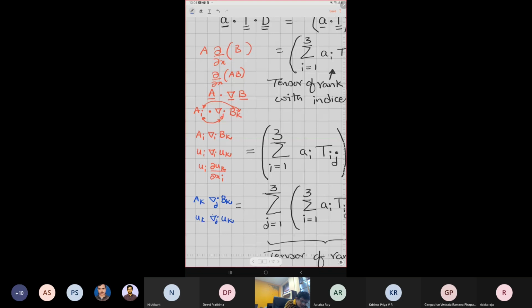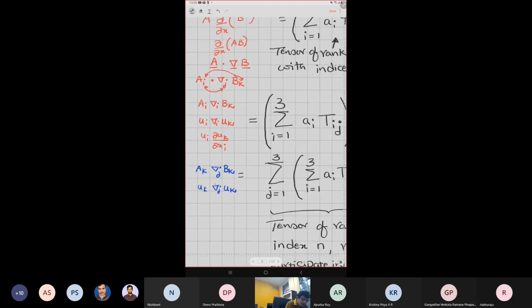That means U1 del U1 by del X1 plus, repetition is on K, so U2 del U1 by del X2 plus U3 del U1, repetition is on 2, right? No, sir. Yes. So I feel this is permitted, but let me write it down to confirm.